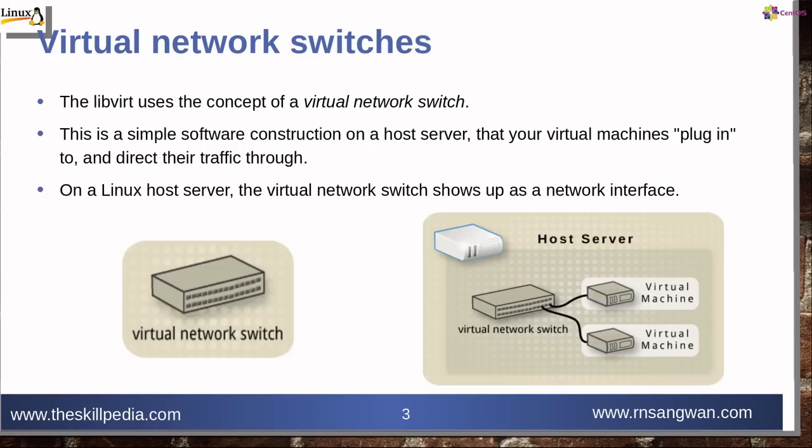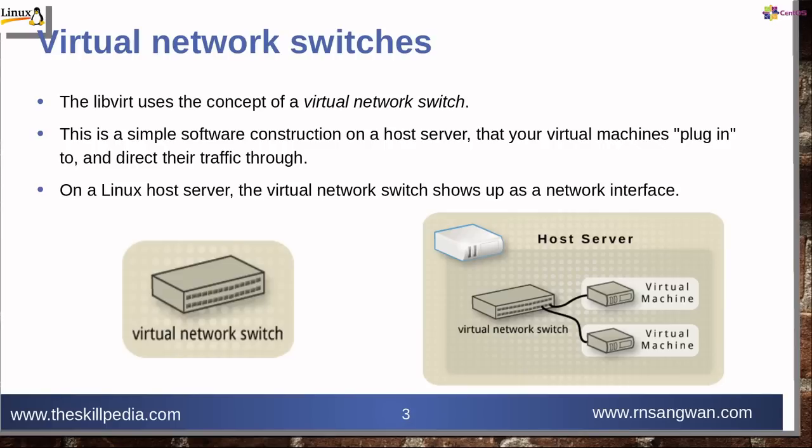Virtual network switches, what these switches are. libvirt uses the concept of a virtual network switch. This is a simple software construction on a host server that your virtual machines plug in to and direct their traffic through.